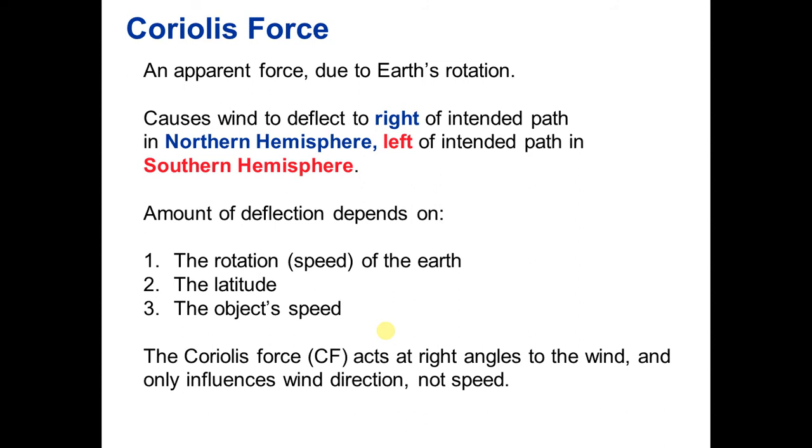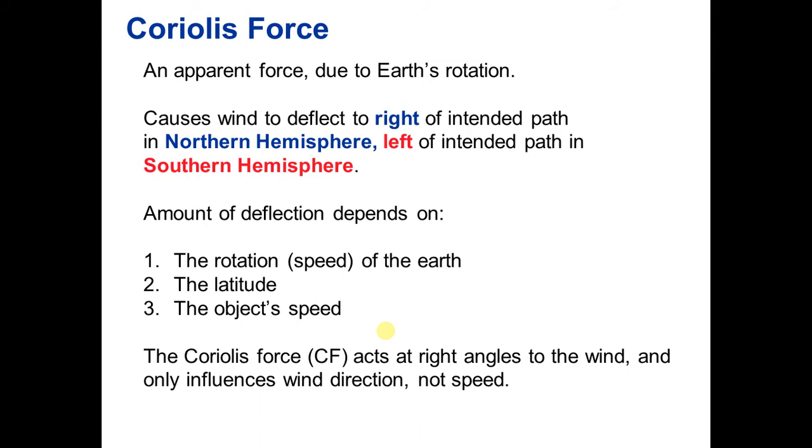The higher the latitude, the stronger the Coriolis force. It's zero at the equator and reaches a maximum near the poles. So wind, as it moves from one place to another in the northern hemisphere, will not move in a straight line completely, but will get deflected to the right.